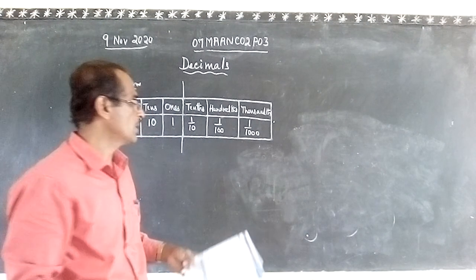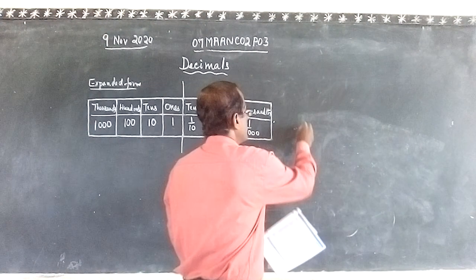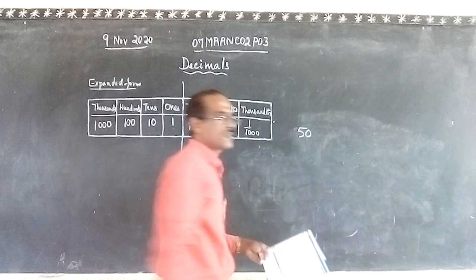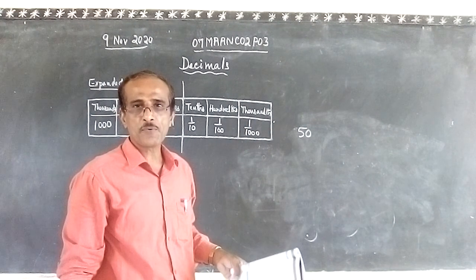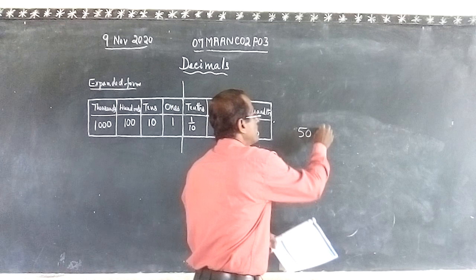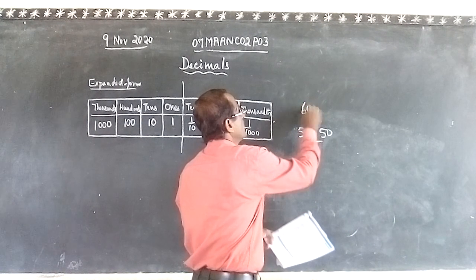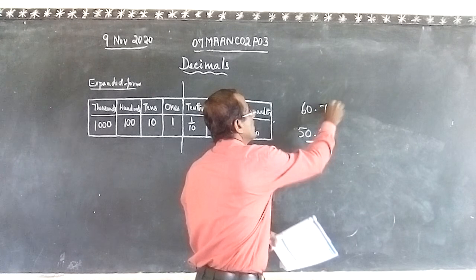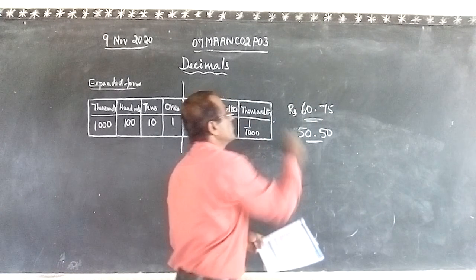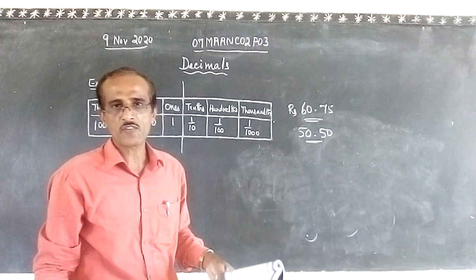See, while writing, for example, 50 rupees 50 paise, you will write like this. Or 60 rupees 75 paise. In rupees you will write like this, 60.75.